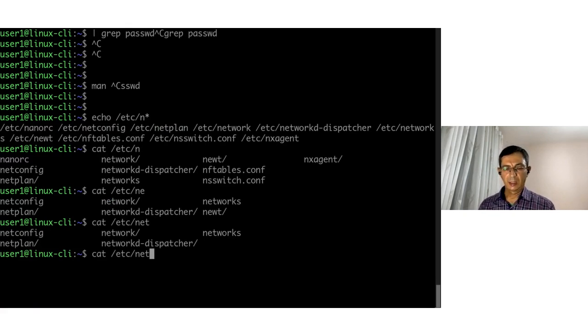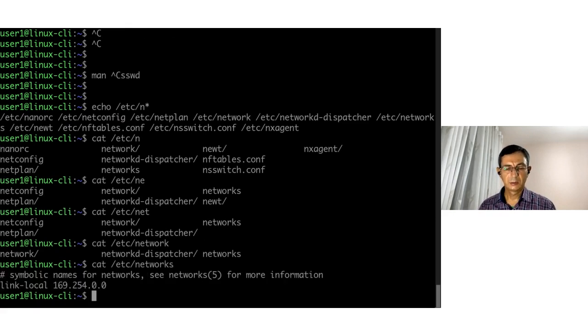Let's say that I type W, press tab. Now it is completed. But again, there are several files. Now, if I type S and press tab, it completes the command.